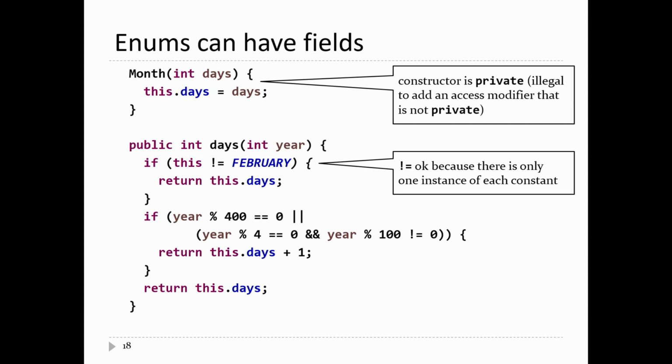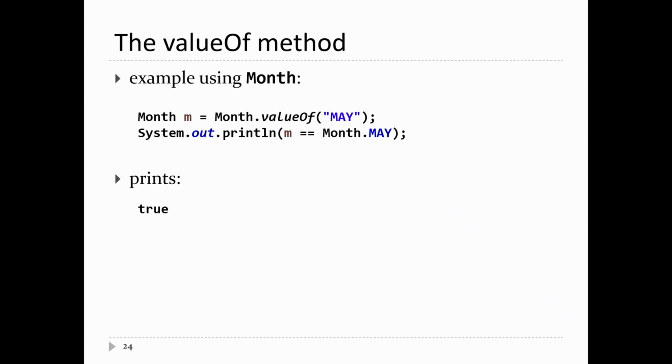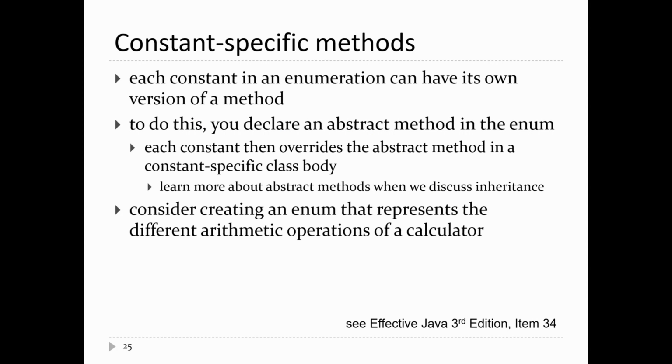So the month January, for example, can have a different version of the days method than the month February, and so on and so forth. Each constant can have its own version of a method, which is really unusual. You haven't seen anything like that at all in this course yet.